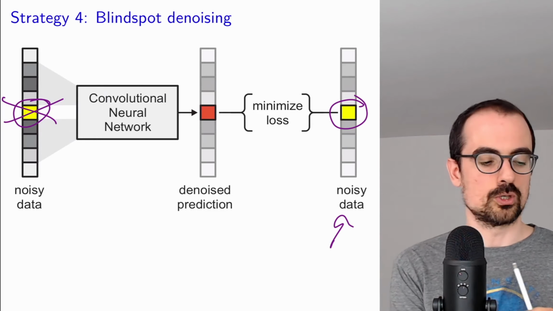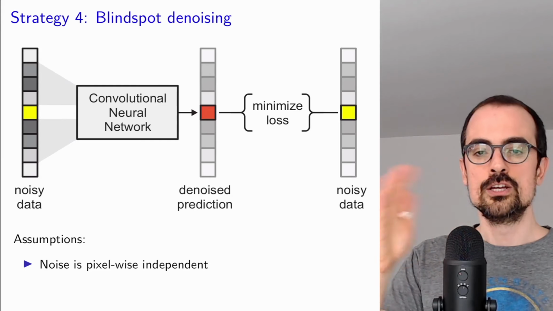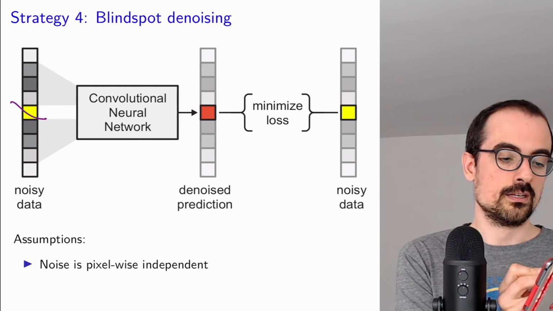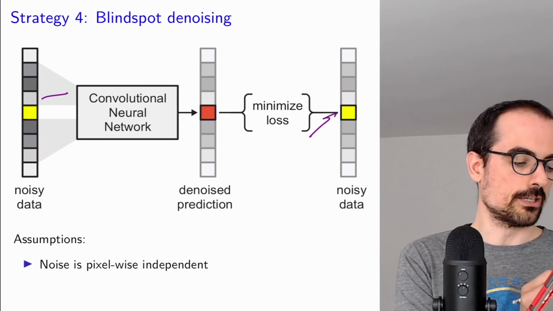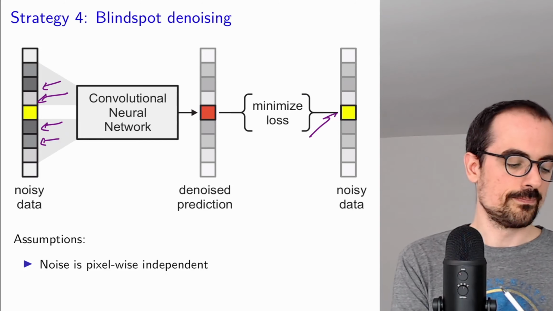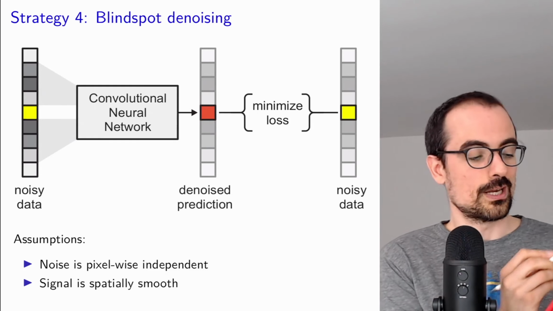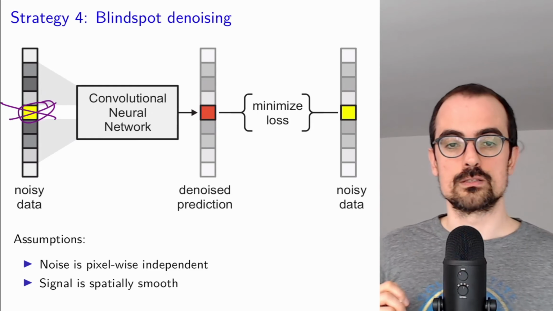This is called blind spot denoising, and it will work under the assumptions that your noise is pixel-wise independent, because you need the noise here to be independent from the noise in the data that it's actually using, which is all the other pixels. And you need the signal to be spatially smooth because you need to estimate it without having access to that specific noisy pixel.